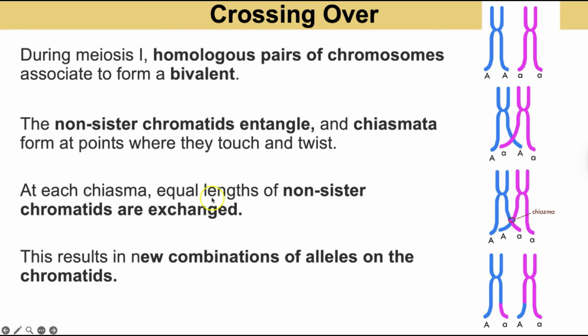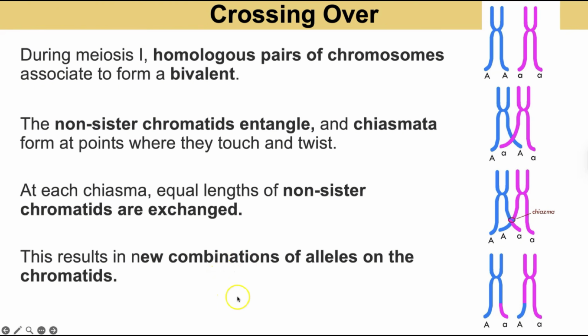And at each of those chiasmata, you can get a break happening, and then you exchange that section of the non-sister chromatids. And as a result, when these chromatids separate to go on to make the final 4 gametes from one round of meiosis, you end up with new combinations of alleles in the chromatids because they've swapped sections of the chromatid.